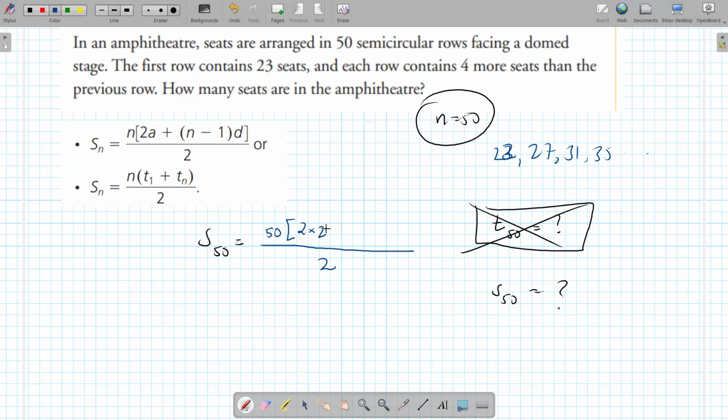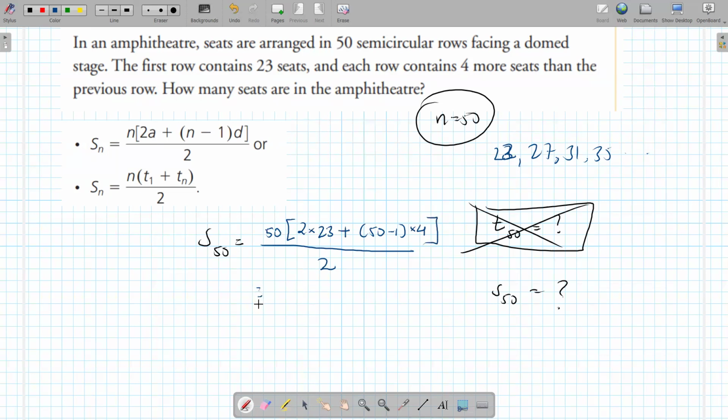So it's going to be 23 plus n, which is how many rows there are, so in this case, again 50. So 50 minus 1. And what's our common difference, D? 4. So we multiply that by 4, close bracket, divide that by 2.